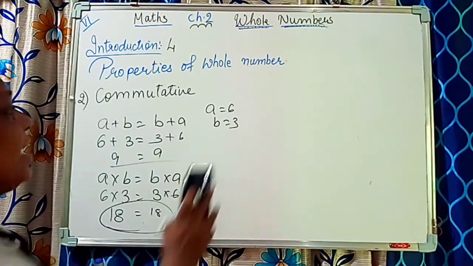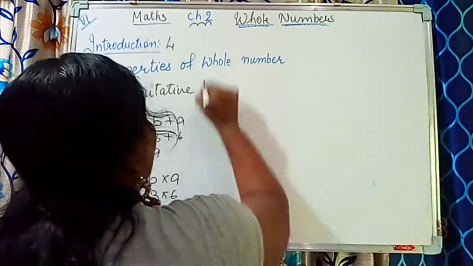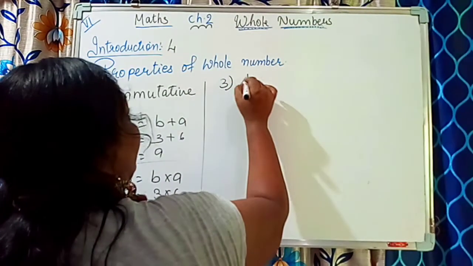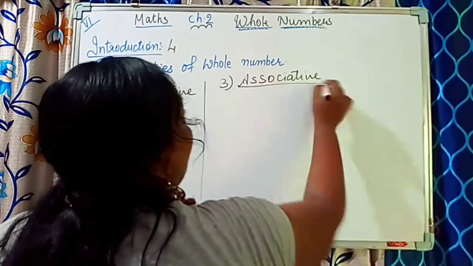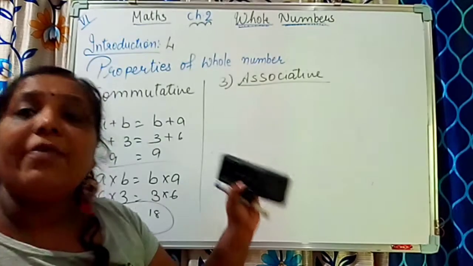Now what is the next one? The third one is the associative property. What do we mean, how do we get that?